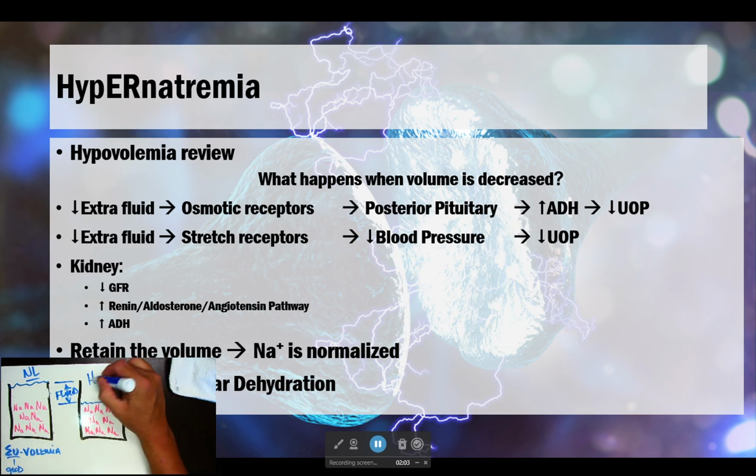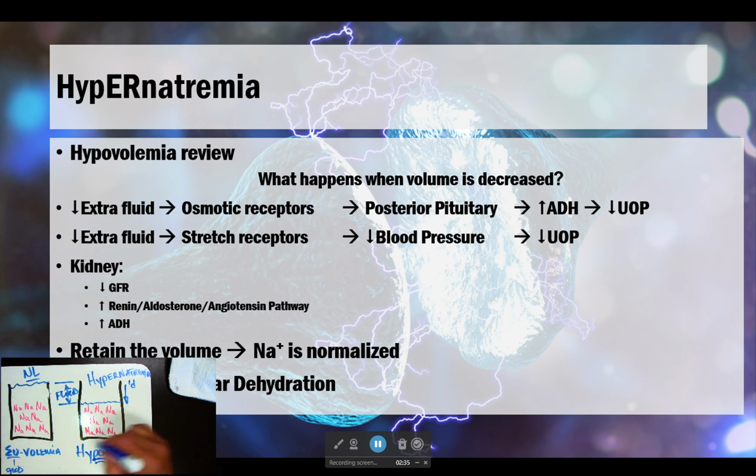So this is hypernatremia. Running out of room. So this is hypernatremia. And in this case, the patient is hypovolemic. Notice here, the fluid volume is decreased, hypo.